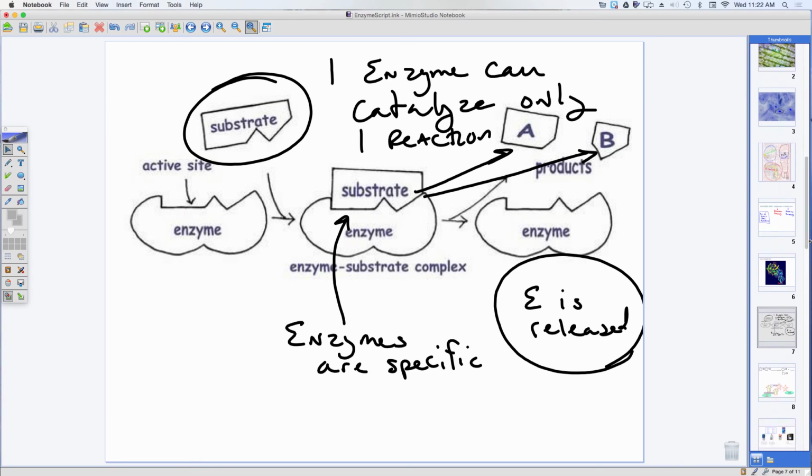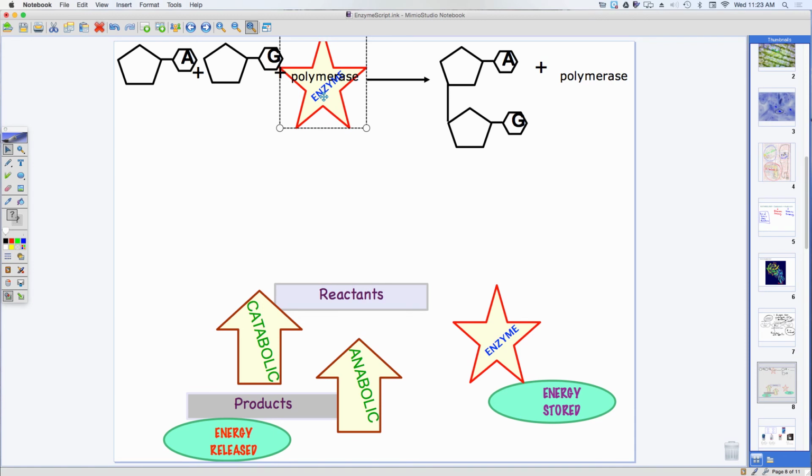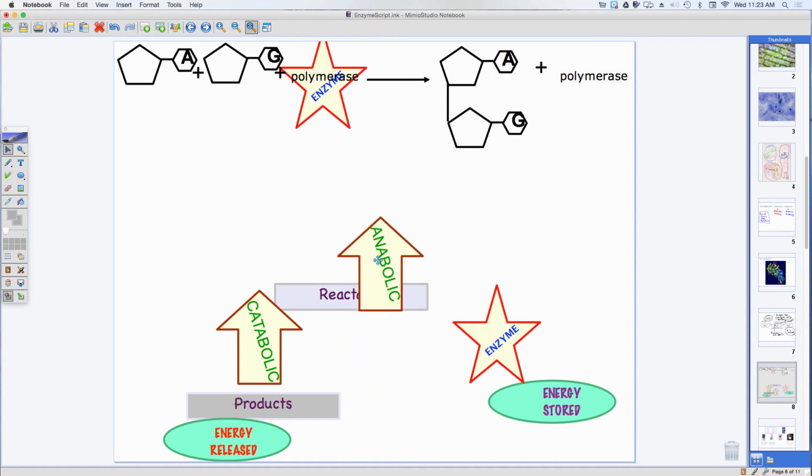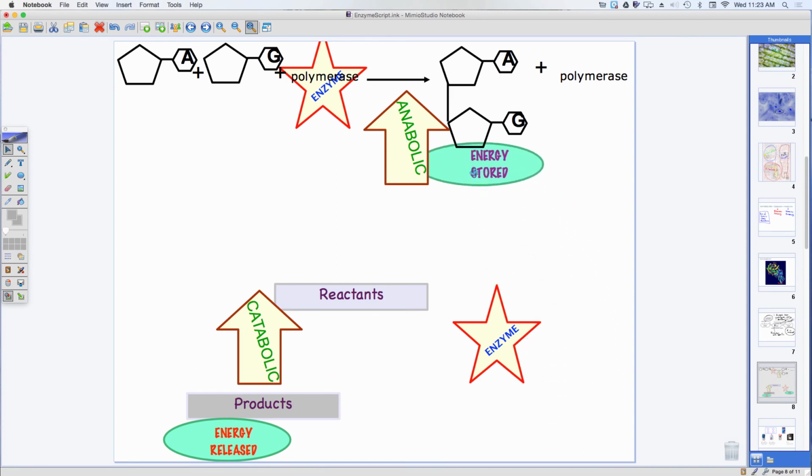In contrast, enzymes can also do building. So here we're going to put two nucleotides together. Nucleotides make up DNA and RNA, and so here our enzyme is polymerase, and polymerase will facilitate the anabolic reaction that stores energy in the new chemical bond.